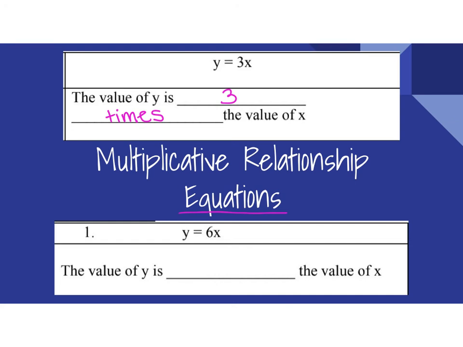In our equation down below, it reads y equals 6x. Our x value is being multiplied by 6, so we have a multiplicative relationship. The value of y is 6 times the value of x.